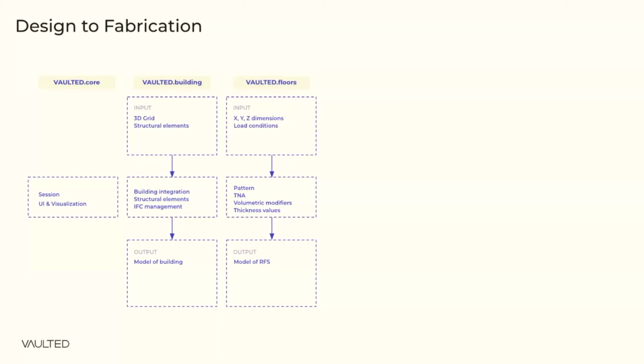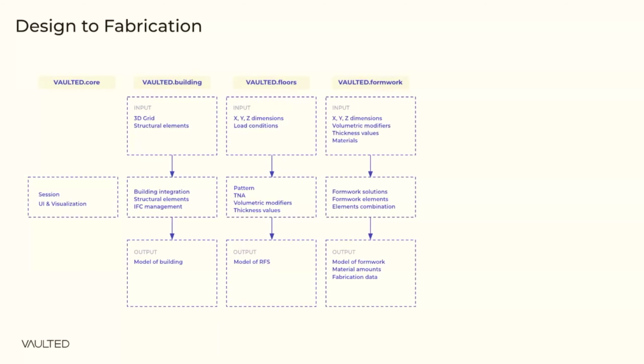Volted Floors is focusing on the design of the floor itself, the ribbed floor system, using, of course, volumetric design. Volted Formwork is focusing on the generation of the formwork after the floor is generated. So we use here a COMPAS model in order to control all the different components and go into detail, both for the design, but also the coordination with the prefabricators.